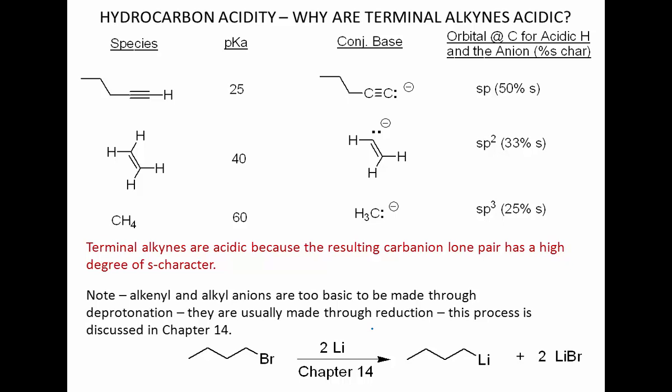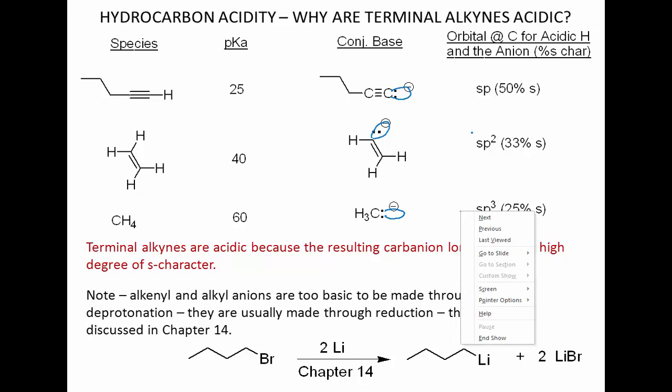All right, so what's making acetylides acidic in the first place? It has to do with the lone pair orbital for the carbanion. Okay, so there's our orbital here. The anion orbital is basically going to occupy the orbital that the CH bond used to occupy before the deprotonation step.